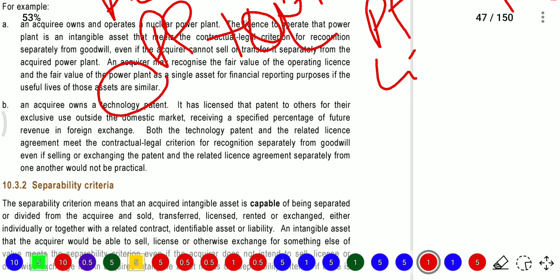Both the technology patent and the related license agreement meet the contractual-legal criterion for recognition separately from goodwill, even if selling or exchanging the patent and related license agreement separately from one another would not be practical.